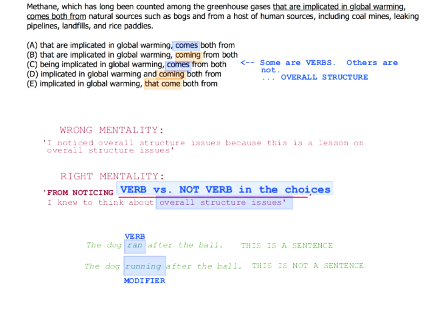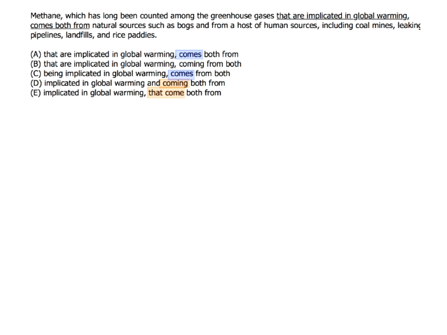You don't need some incredibly subtle, nuanced understanding of written English here. Once you see the errors, they're not that hard to understand. The problem is that you have to see them in the first place. So let's think about overall structure here. Let's take that to the next page.